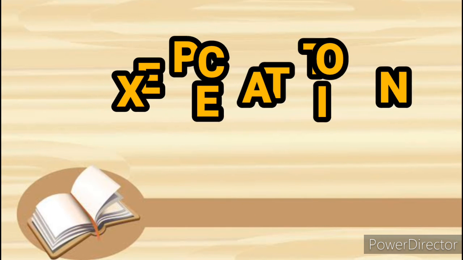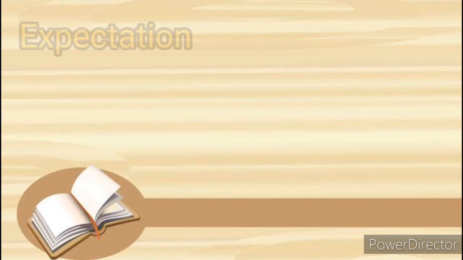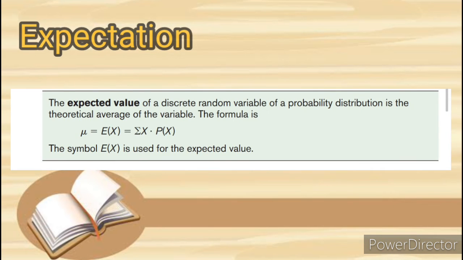Expectation is another concept related to the mean for a probability distribution, that of expected value or expectation. Expected value is used in various types of games of chance, in insurance, and in other areas such as decision theory. The expected value of a discrete random variable of a probability distribution is the theoretical average of the variable. The formula is mean is equal to expected value is equal to summation of x multiplied by probability of x.